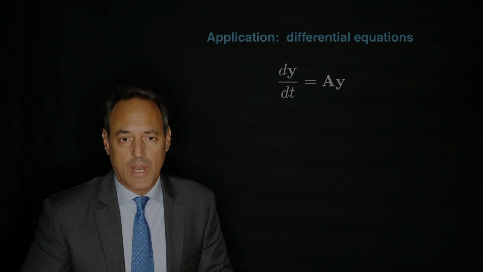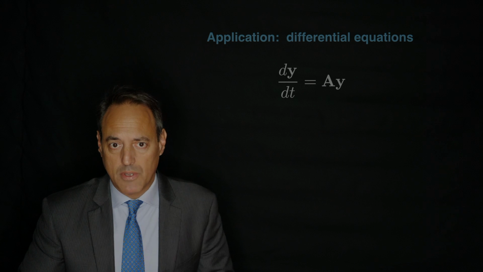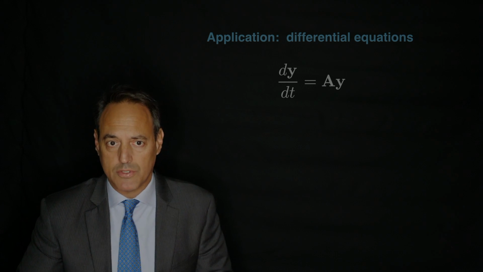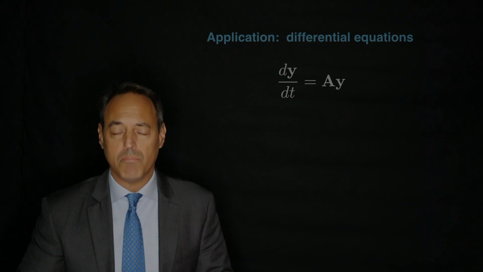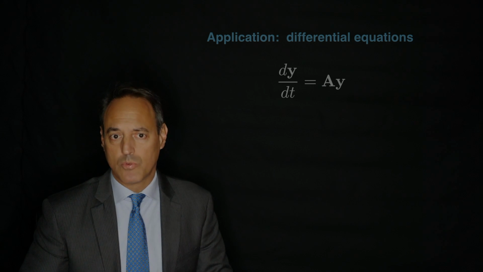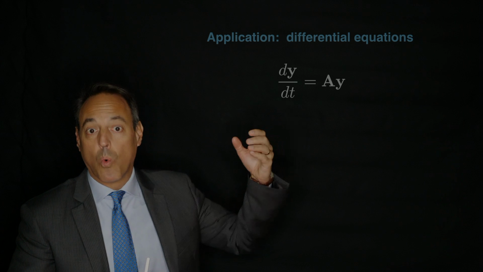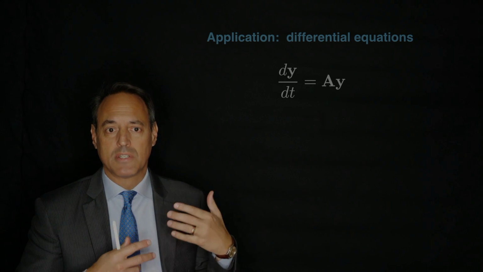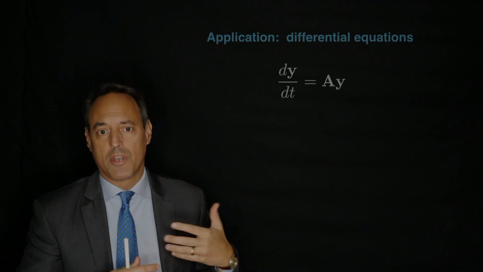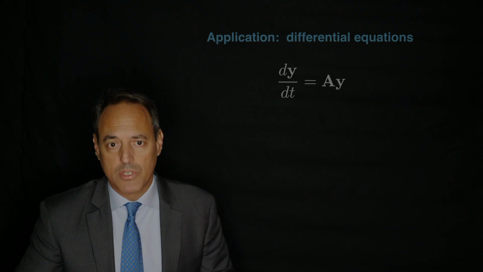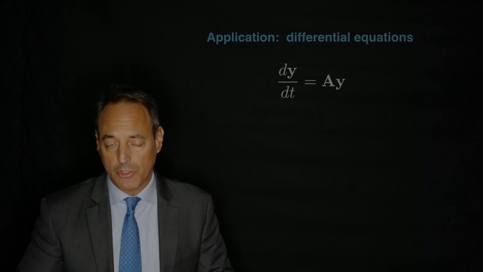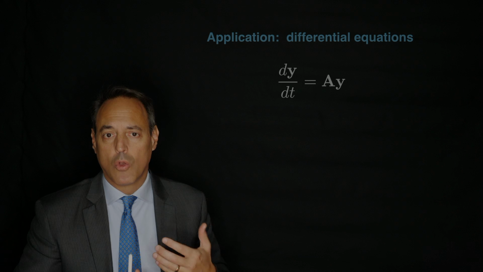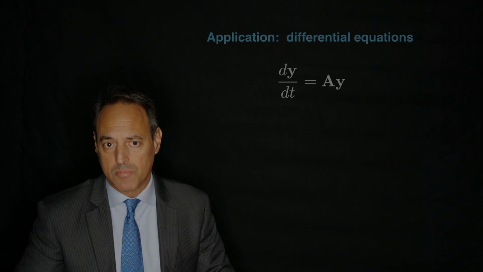I'll give you one application area where this immediately comes into play, and that is linear differential equations. Differential equations model many of our physics-based systems. So we have some kind of quantity y that's evolving in time. dy/dt tells us how this quantity is changing over time, and most of our physics and engineering models are calculus-based, relationships among quantities that are changing in time or space.